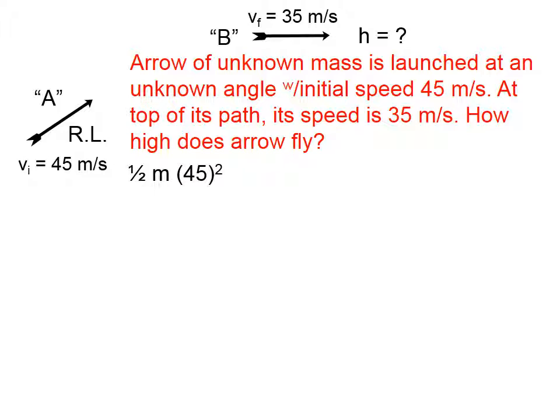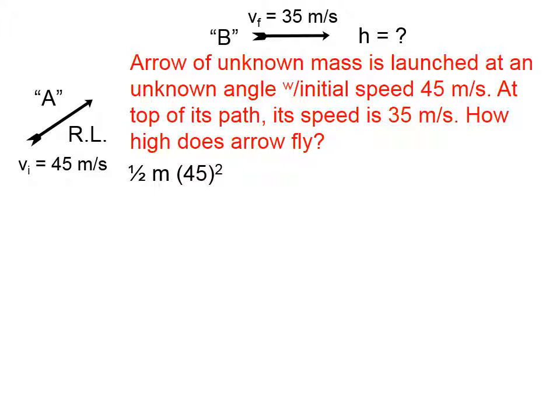The arrow is going to have kinetic energy here in snapshot A, equal to 1/2 times its mass times its speed squared. Now we don't know what its mass is, so we'll just put m for that. It has no gravitational potential energy because it's at the reference line, and we don't have any springs.